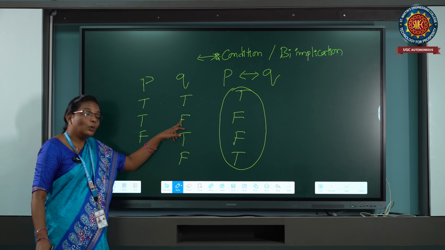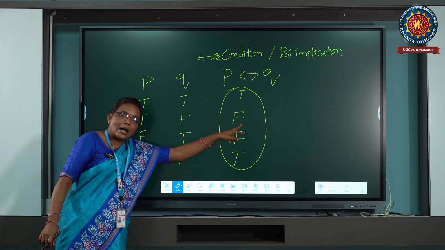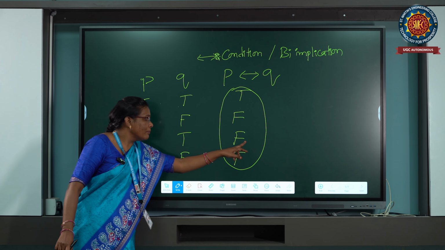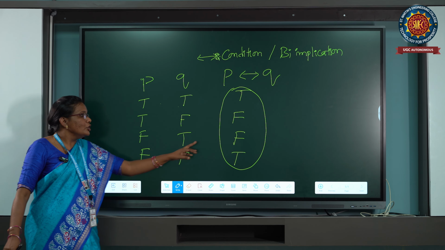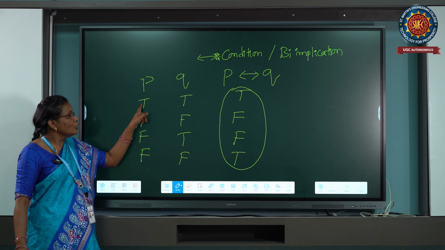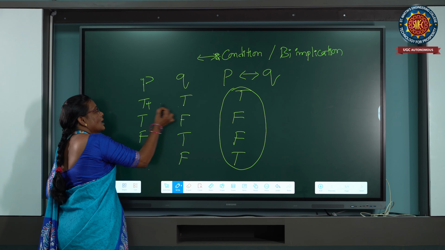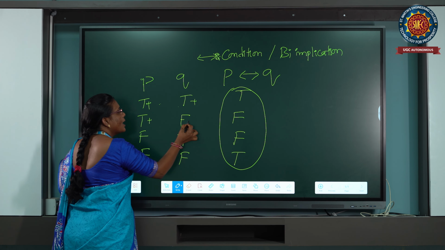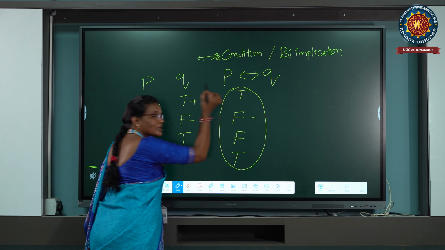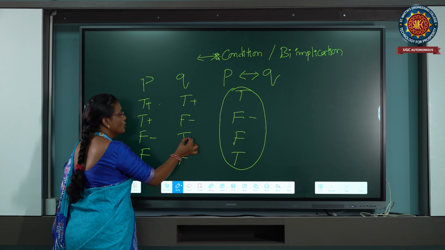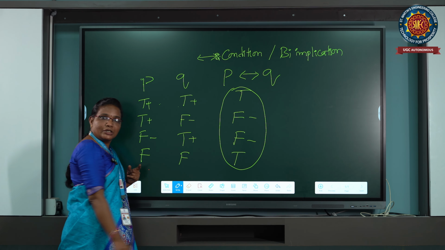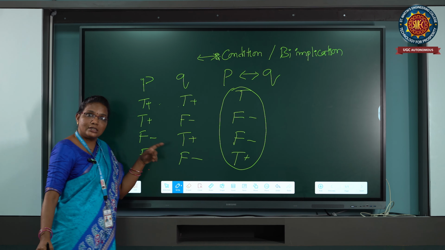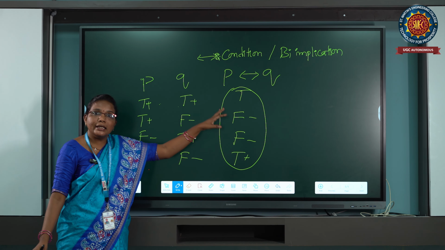Plus into minus, you get minus, and minus into plus, you get minus. Minus into minus, you get true. The first one, true as plus: plus into plus, we get true. Plus into minus gives minus here, minus into plus gives minus here, and minus into minus gives plus. This is the truth table for the biimplication.